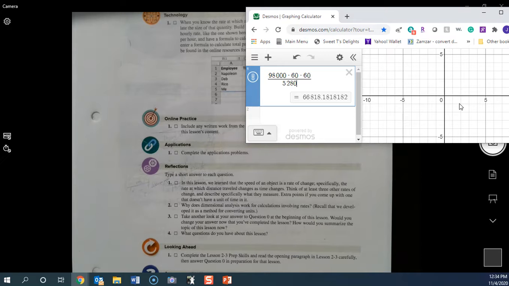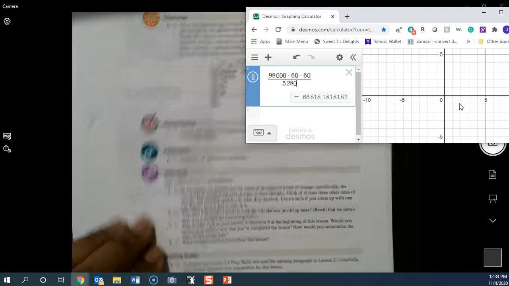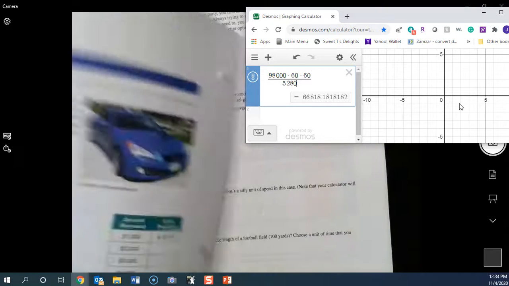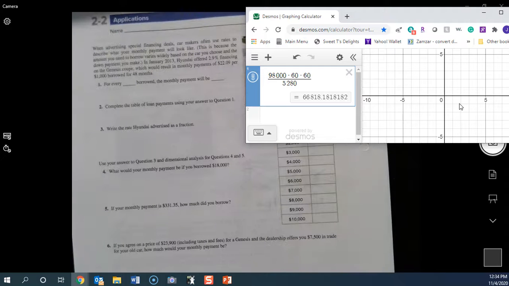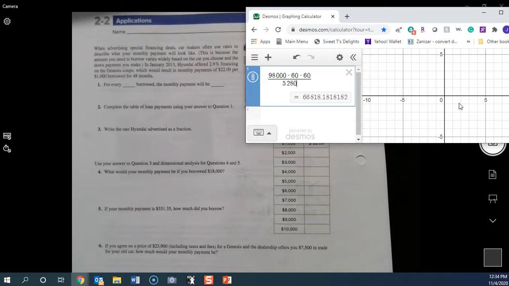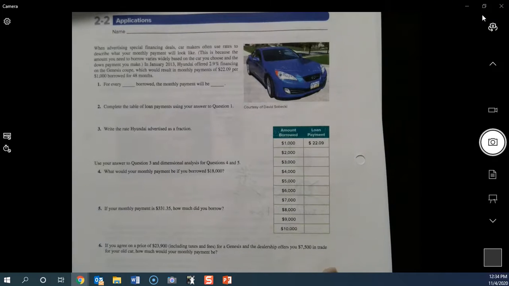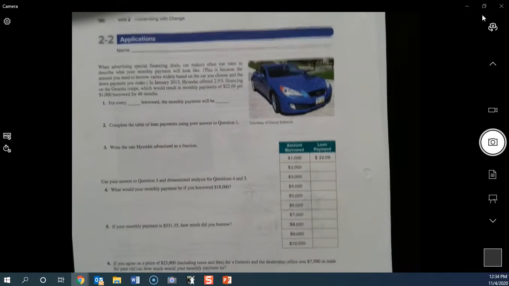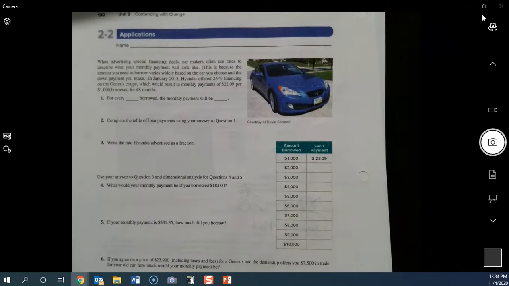Now our next page, we're not going to do that much from this page, and this is the last page of this lesson. We're actually going to do problem number 1. We're actually on page 130. It says when advertising special financing deals, car makers often use rates to describe what your monthly payment will look like.